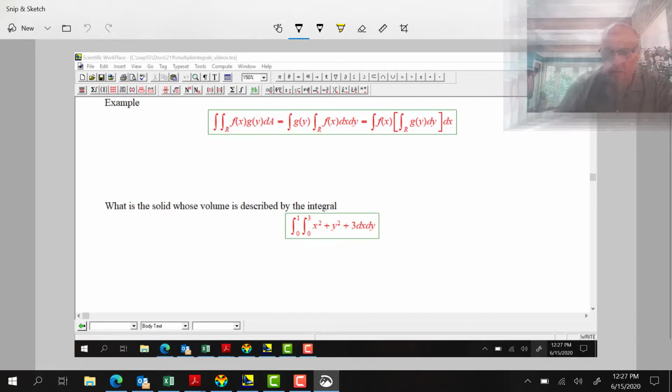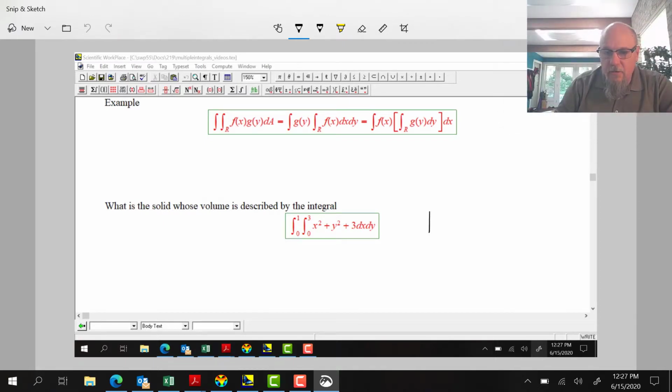So the answer is, I'm trying to draw in 3D, and I don't really draw that well in 2D. So the x, let's run x along this way, and let's run y along this way. So the x goes from 0 to 3.